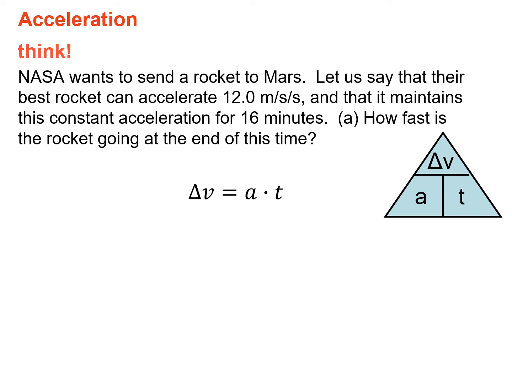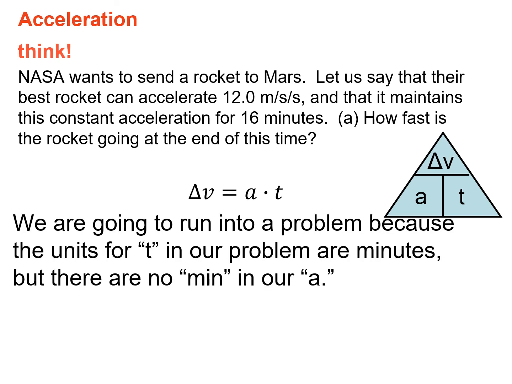That'll be a little bit easier now to calculate, except for one thing. Our acceleration has time units of seconds. Our time has units of minutes. We need to get all the units to be the same.